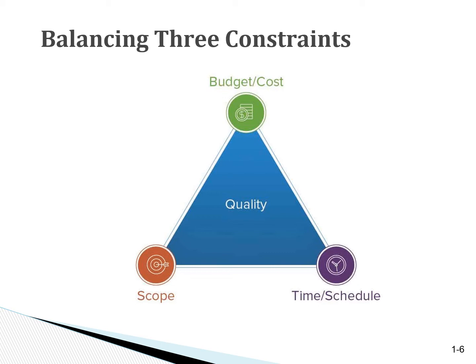Or if we want to keep the scope, we probably will need to increase the budget to deal with the overtime and whatever else that schedule compression will bring about.